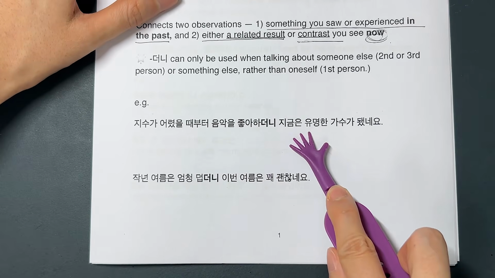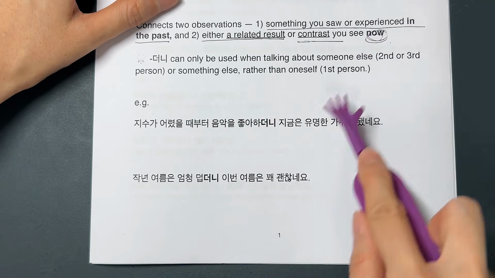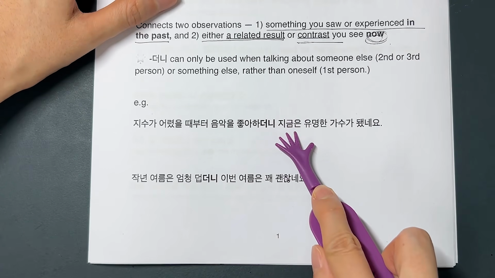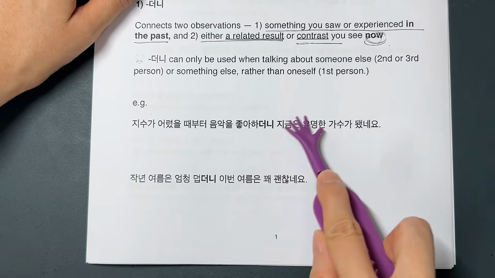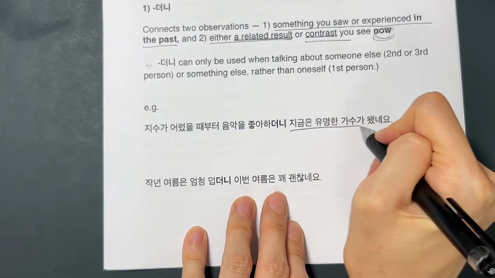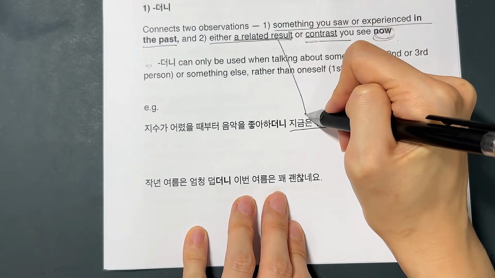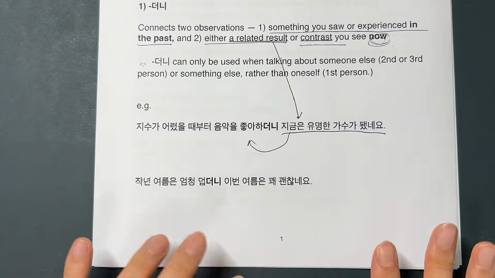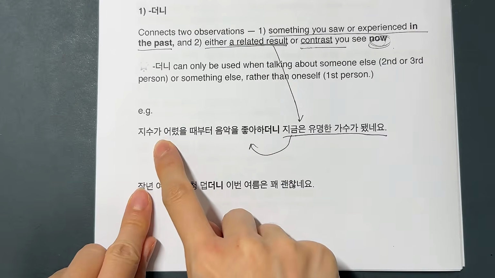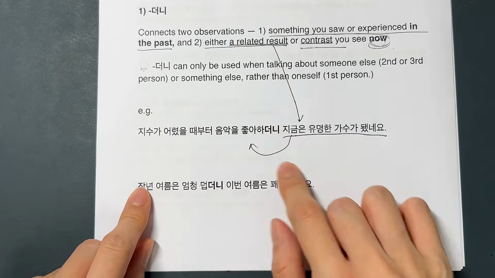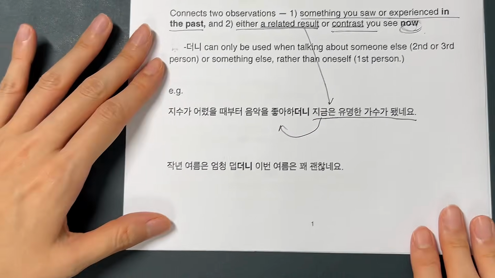And you're about to say what's the case now with 지수, which is 지금은 유명한 가수가 됐네요. Now she has become a famous singer, in which case this would be a related result to the first clause. Since you're comparing the past with the present about someone else, using 더니 to connect the two sounds very natural.